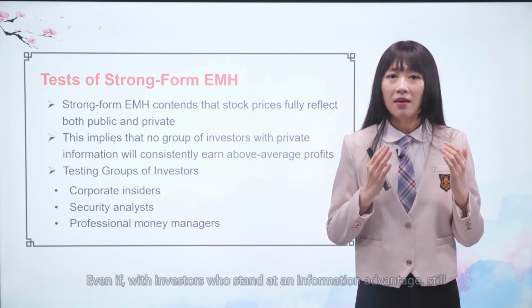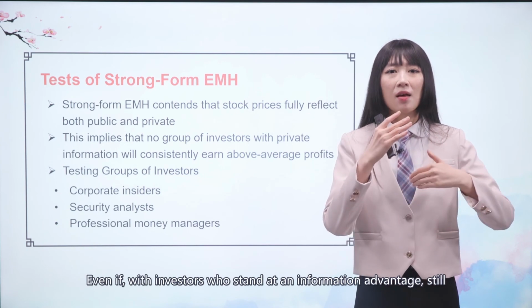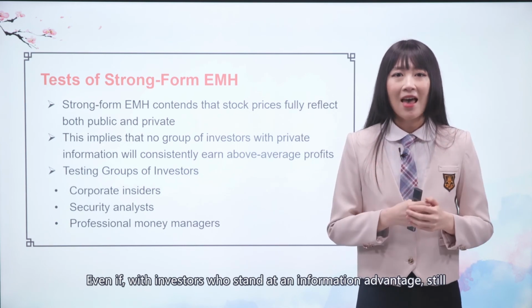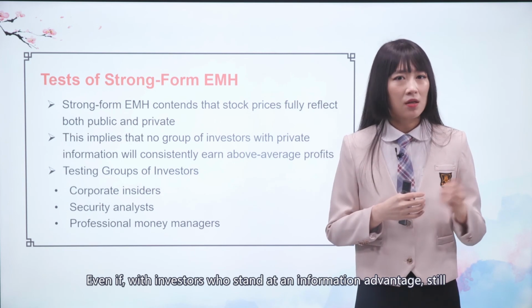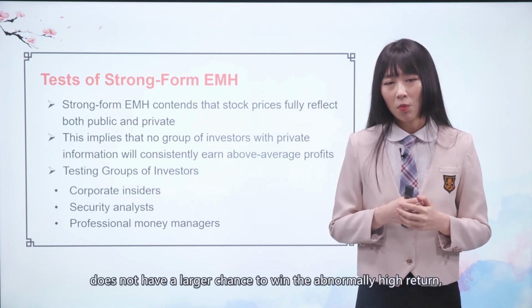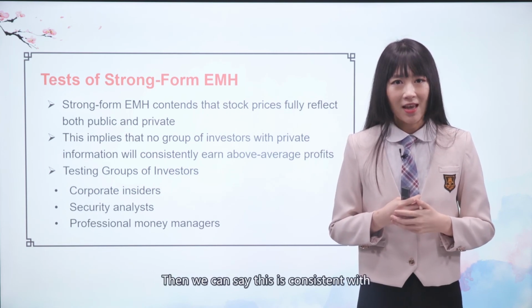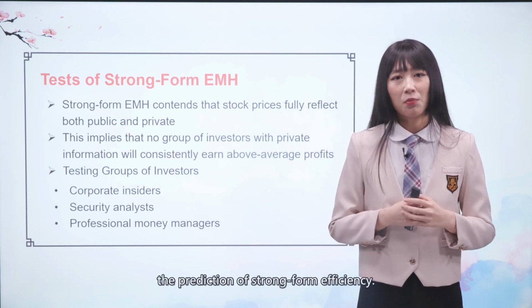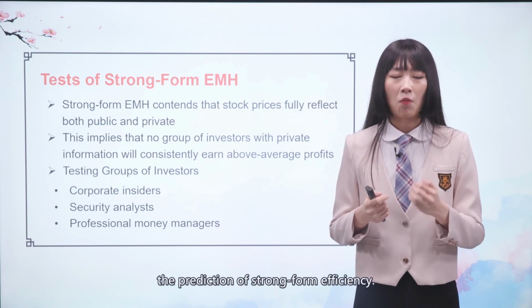Now, if these investors who stand at an information advantage still do not have a larger chance to win the abnormally high return, then we can say this is consistent with the prediction of strong form efficiency.